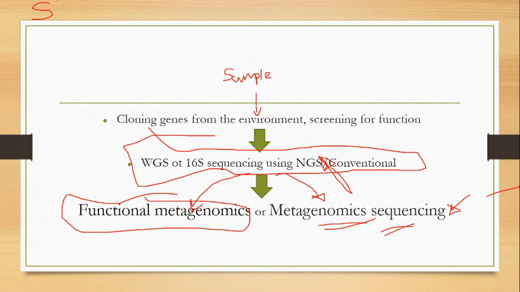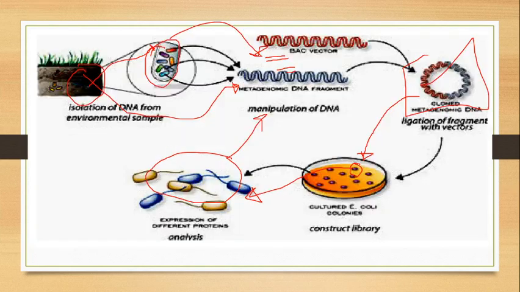Then you will get the idea regarding the interaction between those microorganisms, and which actual gene is responsible for that particular function or for that environmental cycle. That is called functional metagenomics. In that, you isolate the genome, insert it into a vector, insert that vector into a particular host, and then identification is done. This is called functional metagenomics.